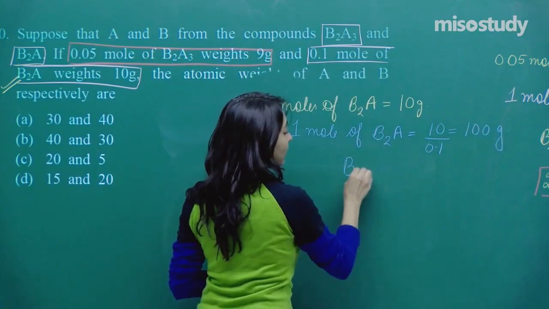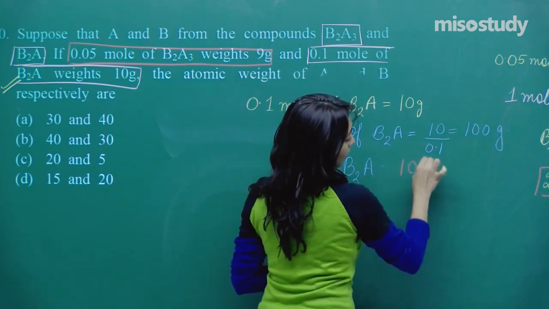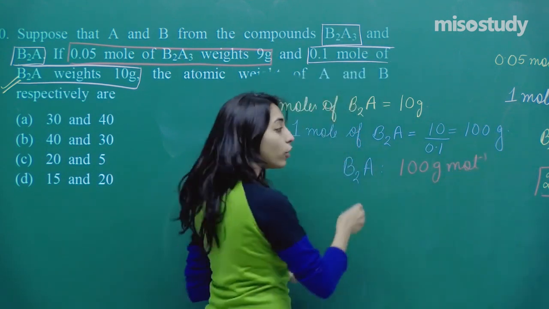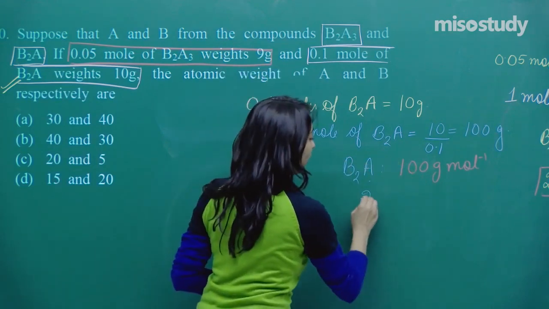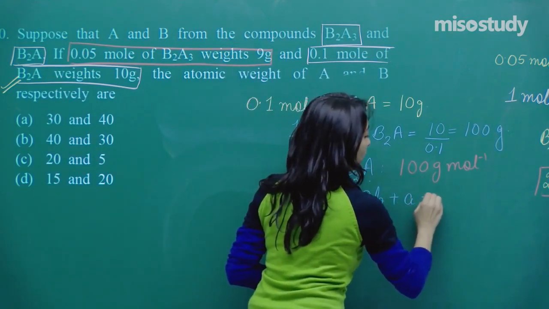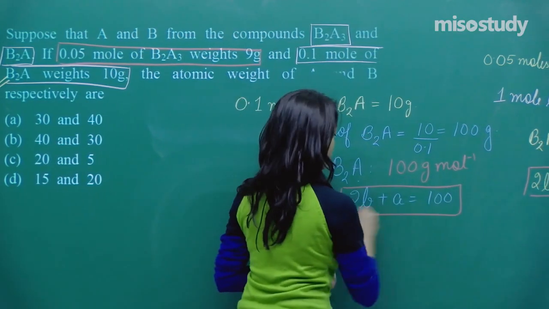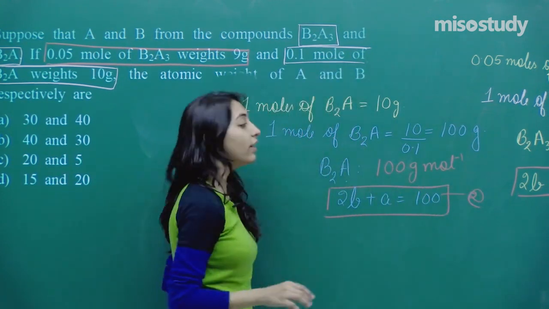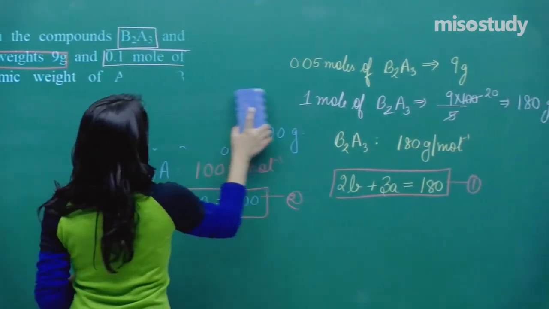So also can I say B2A will be 100 grams per mole? So if B2A is 100 grams per mole, can I also write 2B plus A equal to 100? Equation number 2. Now our aim is just to solve these two equations.